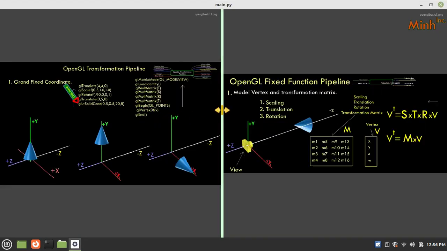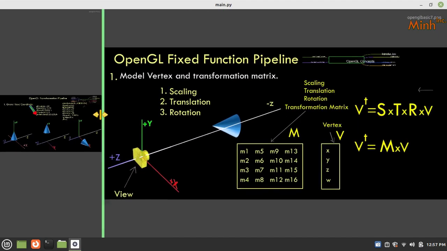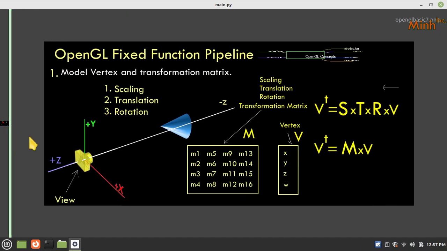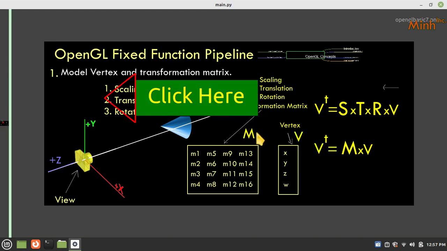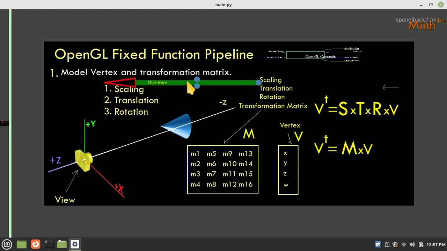So in actual mathematics, if I have a model, say a cone, and we have the matrices like this, this is the actual mathematics.